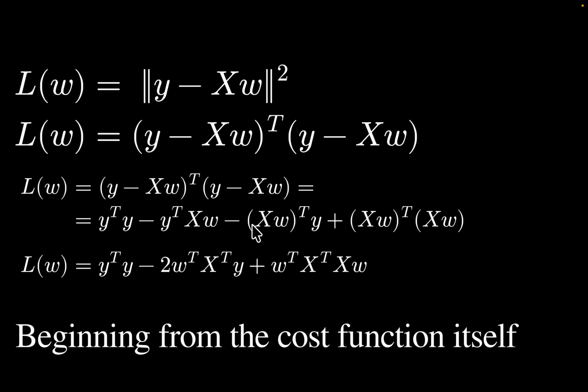The order matters. So the two cross terms, w transposed x transposed y and y transposed x w, are equal, and we just say it's minus 2 of them. I write w transposed x transposed y instead of y transposed x w for the sake of the derivative, because in derivatives we mostly work with the transposed vector.